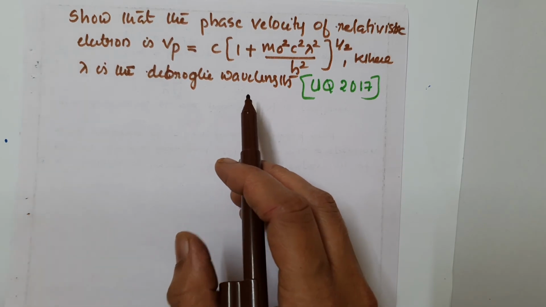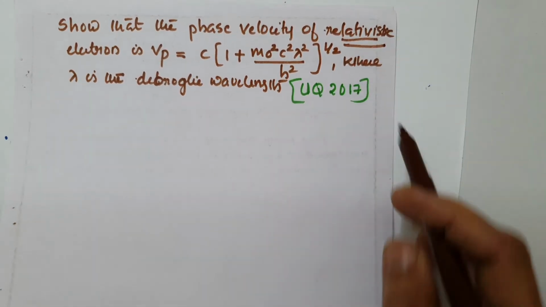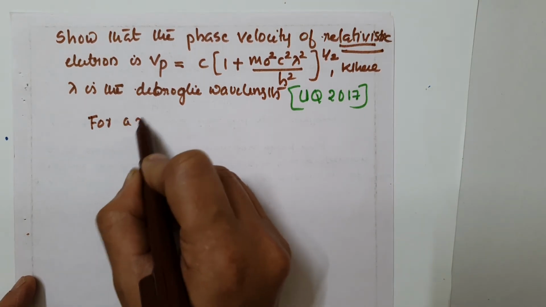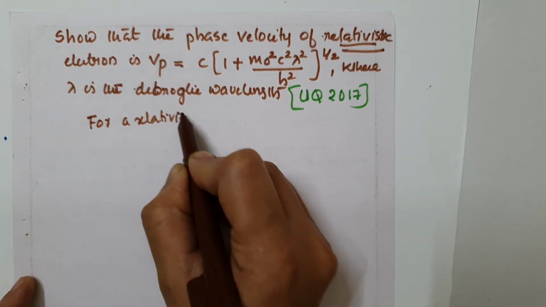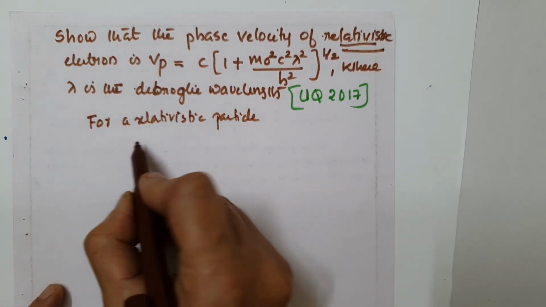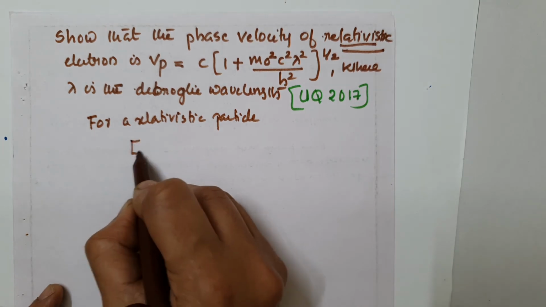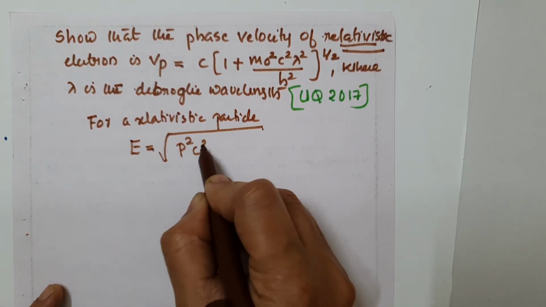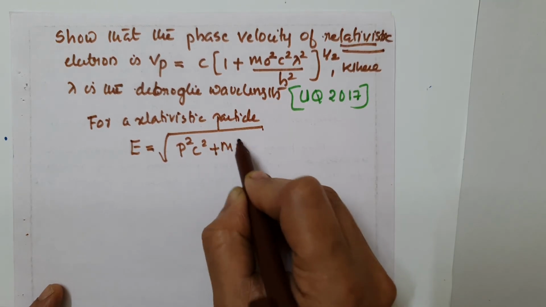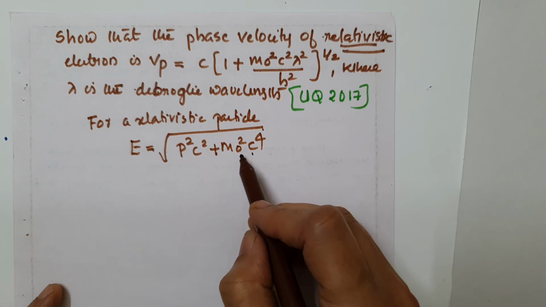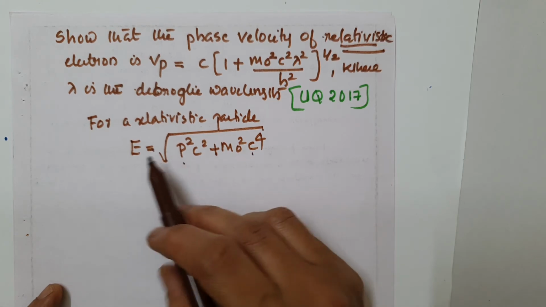We have the equation for a relativistic particle. The energy momentum relation can be represented as E equal to root of p² c² plus m0² c⁴. m0 c² is the rest mass energy of the electron, p is the momentum, and E is the energy.